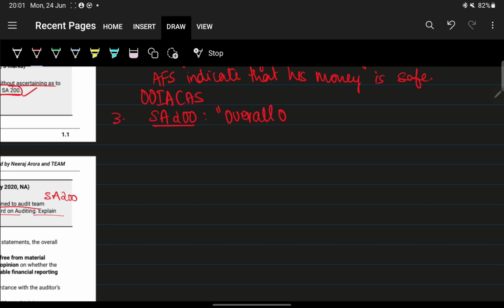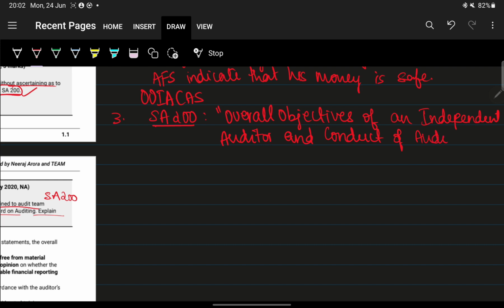Overall objectives of an independent auditor and conduct of audit as per relevant standards on auditing.